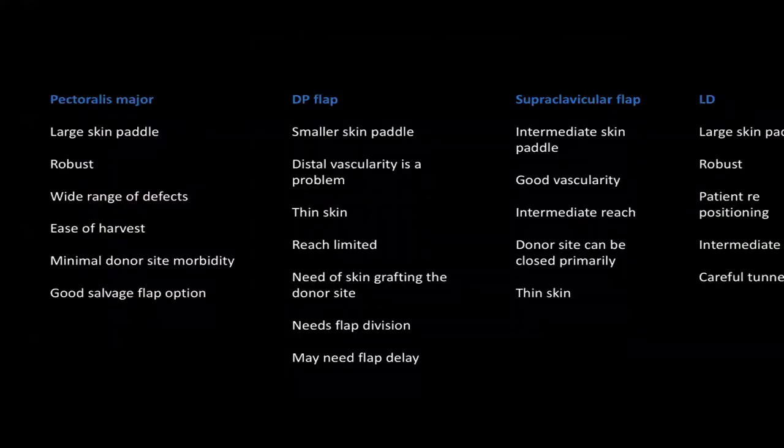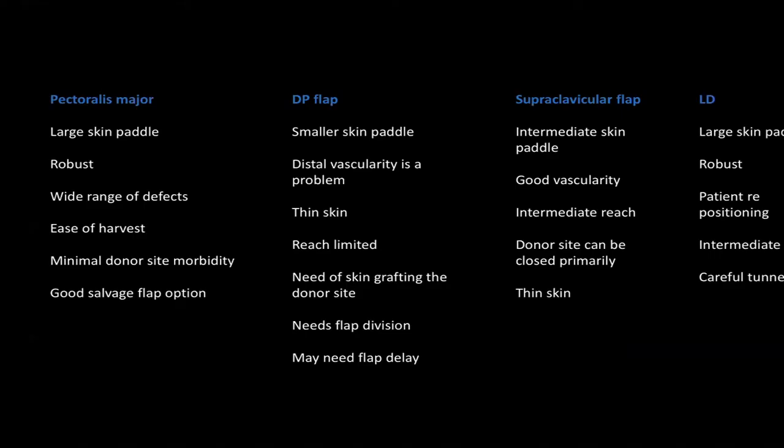So in today's era, I think the pectoralis major is the most common pedicle flap that we use. The DP flap has sort of moved away in the ladder. The supraclavicular flap is probably what a lot of people are doing these days. It's becoming more and more popular. The latissimus dorsi is another good flap, but because of the pectoralis major's popularity, not many people do latissimus.